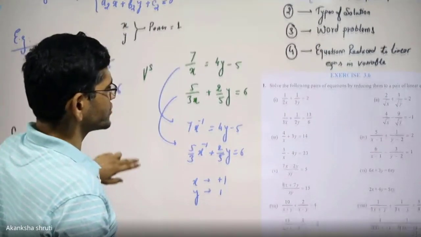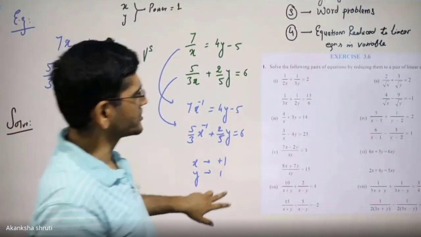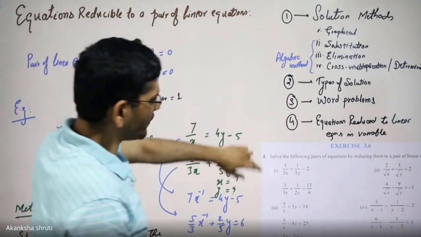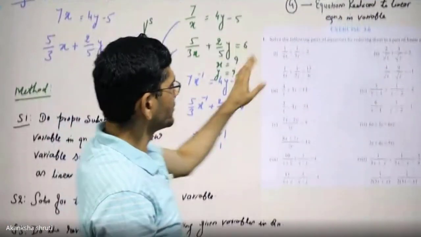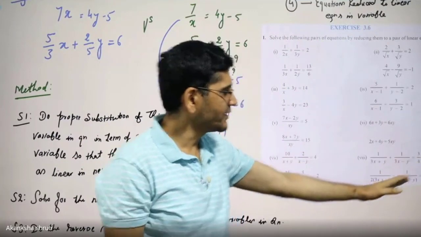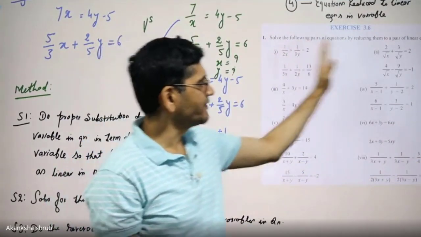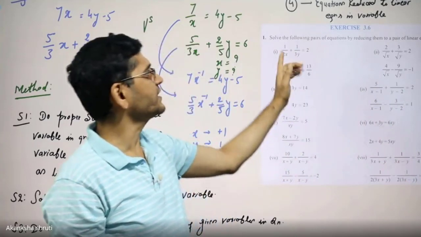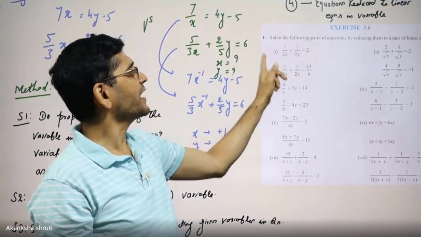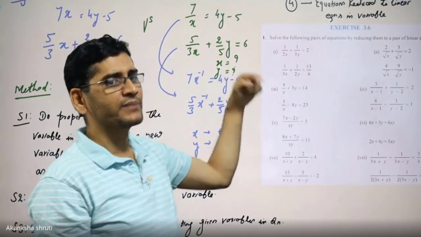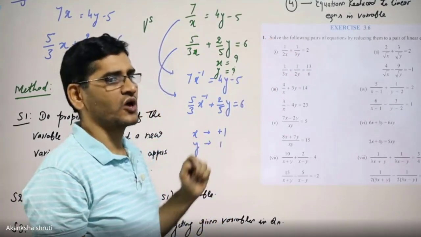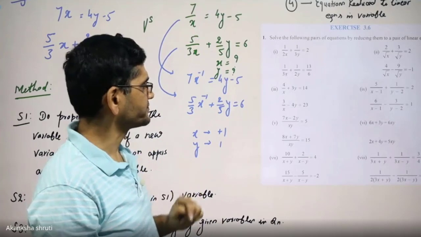Students, based on this, one of your exercises, 3.6, is for solving the pair of equations which are not linear in the given variable, but can be converted into a pair of linear equations in some new variable. Those equations can be solved by this method.